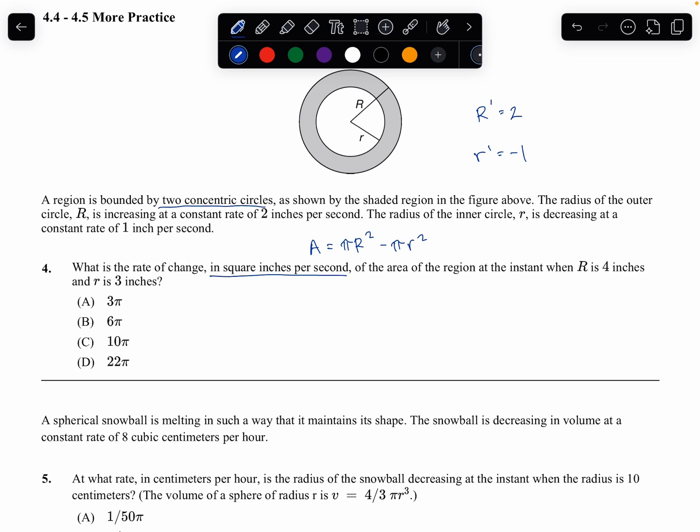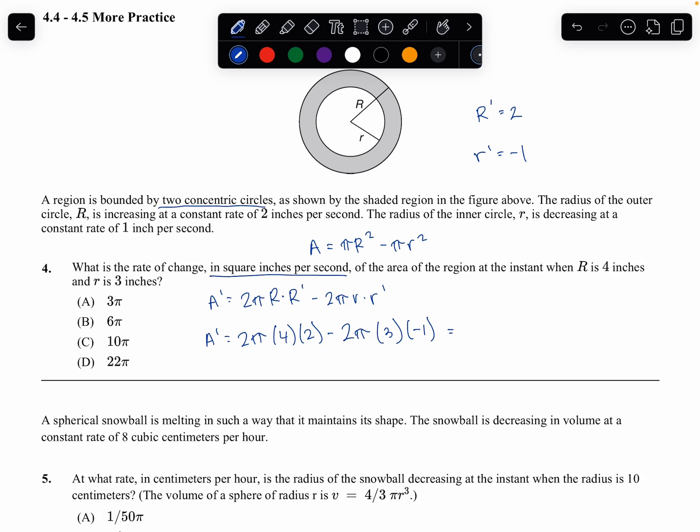So when I take the derivative of this equation, I get A prime is equal to 2 pi R times R prime minus 2 pi r times r prime. So A prime is going to be equal to 2 pi times 4, that's given to us, times big R prime, which is 2, minus 2 pi times little r, and little r is 3, times little r prime, which is -1.